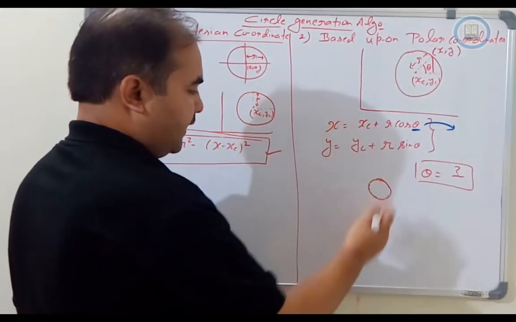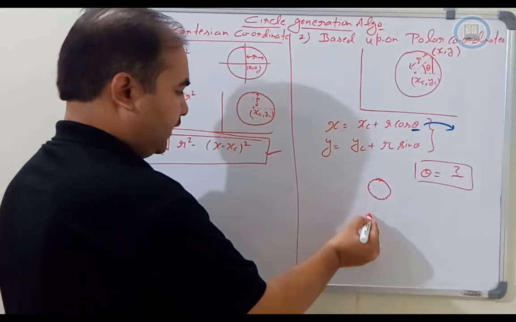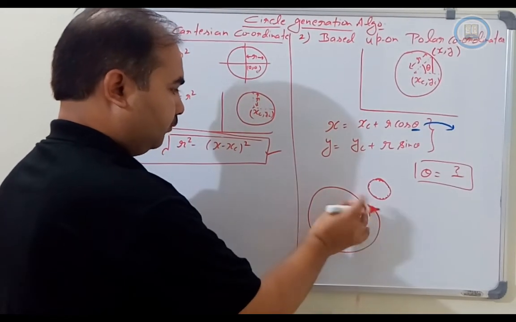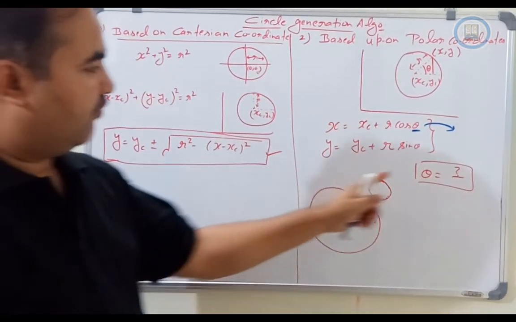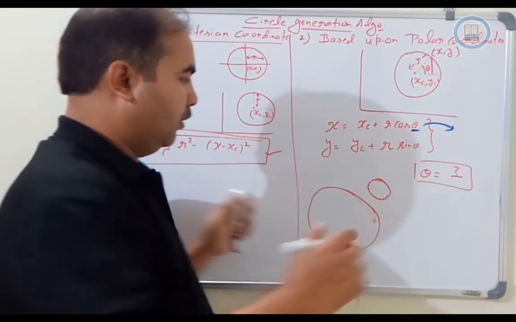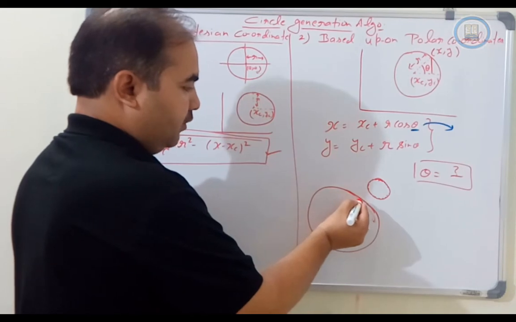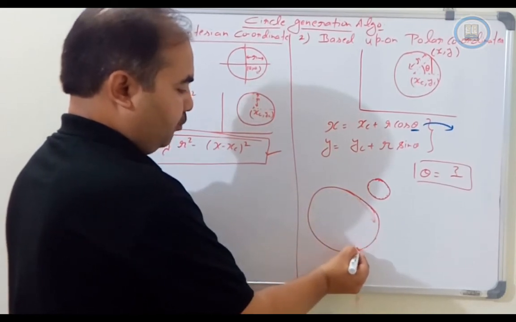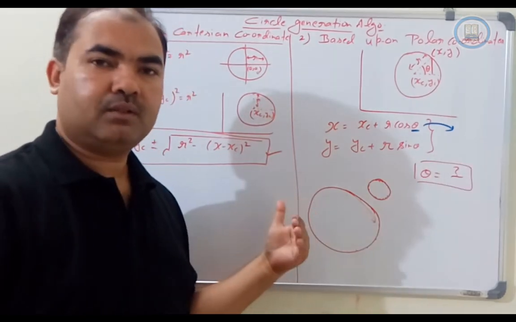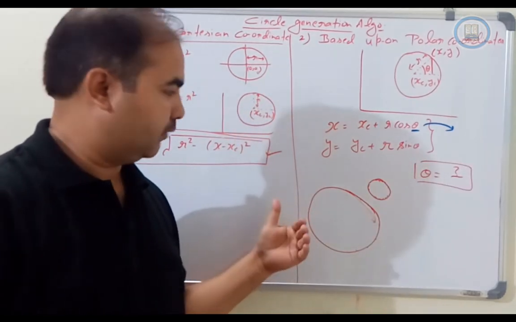But if you increase the size of the circle, that is, if you increase the radius of the circle, then for the same theta value you will have the pixels on the peripheral in a scattered format and your circle will not be displayed finely on the screen.